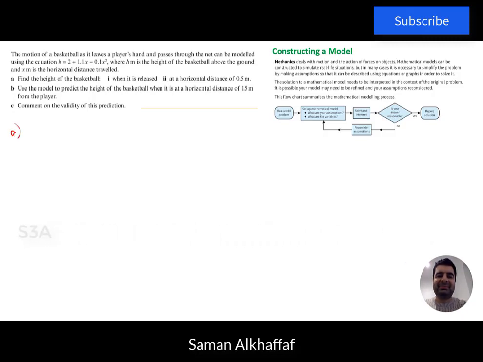So we start by, to find the height, we will need to equate x to 0 because it's the only variable within the expression. So we know the expression. At x equal 0, h will equal 2 plus 1.1 multiplied by 0 minus 0.1 multiplied by 0 squared.